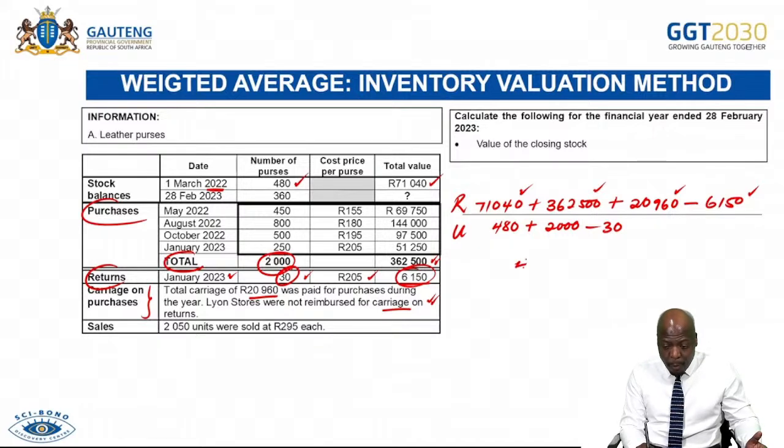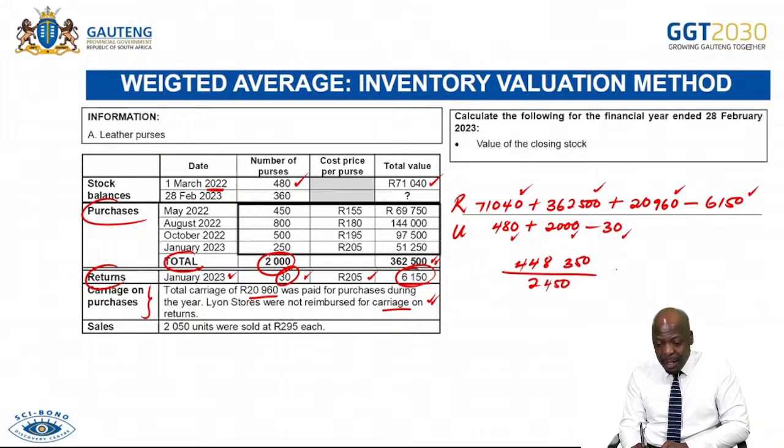Thank you. You see, you get 448,350. Beautiful. Then we divide this now by the units, which is 480 units plus 2,000 units minus the 30 units. How much is that going to give you? 2,450.